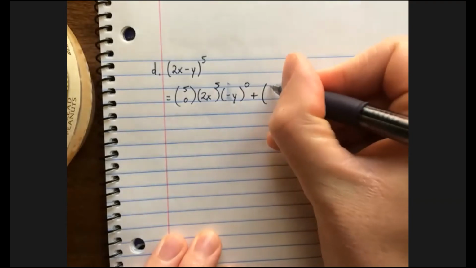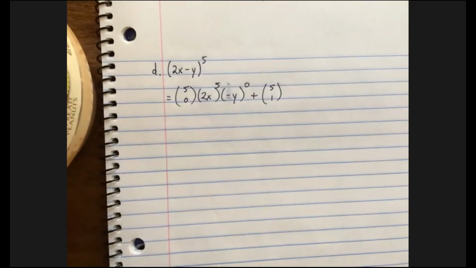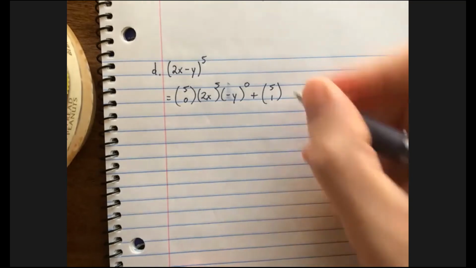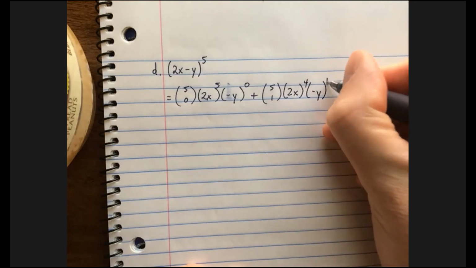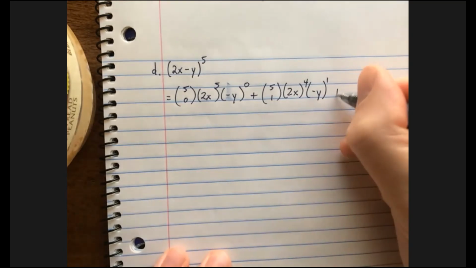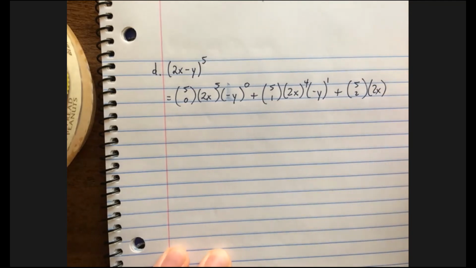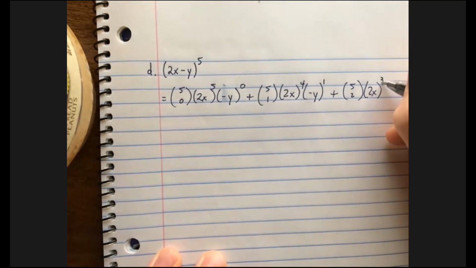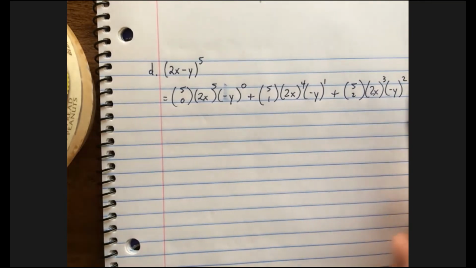We're just going to continue down the process. 5 choose 1. 2x to the 4th, negative y to the 1st. Now 5 choose 2. 2x to the 3rd and negative y to the 2nd. Remember, these always match. The 2 and the 2 always match. And these had to add to be 5.